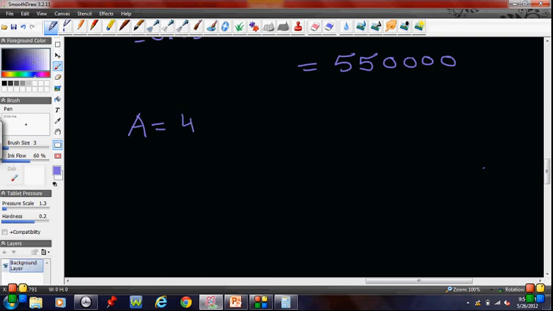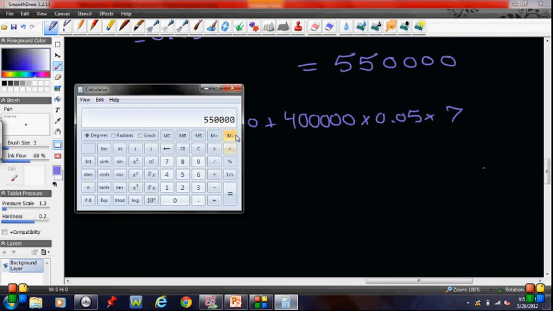So now we have 400,000 plus 400,000 times 0.05 times 7. Now we will get the right number if we use our calculator. 400,000 times 0.05 times 7 is equal to 140,000.